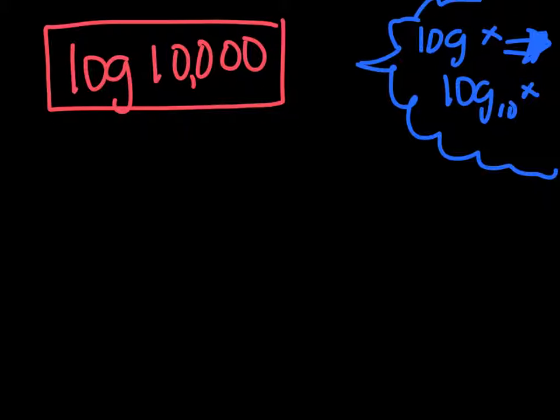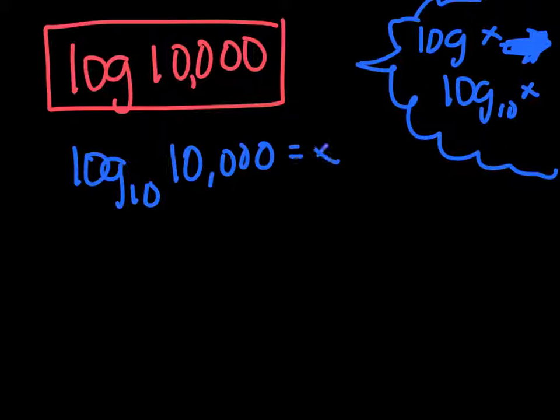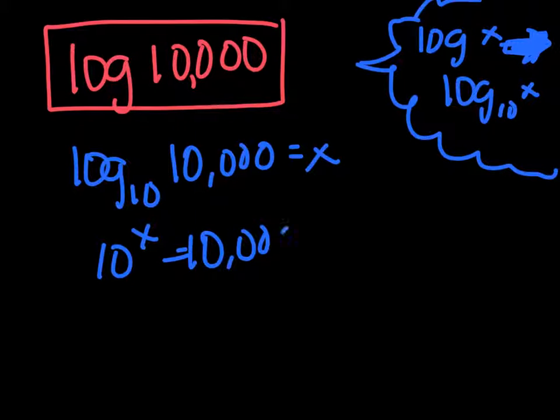So if it doesn't have a subscript there, then you assume it's 10. So this really means log base 10 of 10,000. So you should think in your head, 10 to what power is 10,000? And really, you just count the number of zeros. So the answer to that is 4.